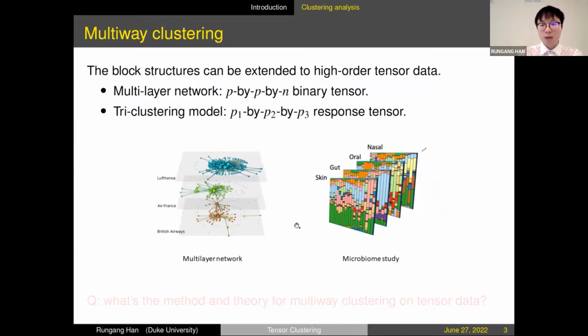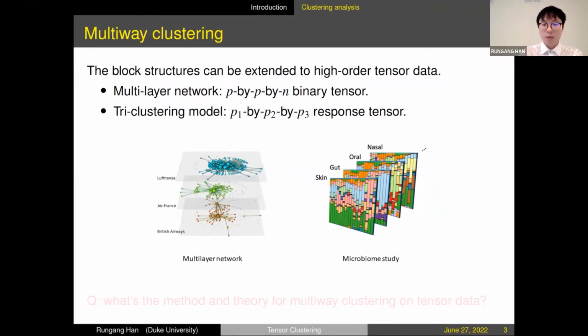Within one slice, we have many columns representing different patients or subjects with potentially different phenotypes. The color within one column represents the relative composition of different microbiome. It is interesting to explore the group or clustering structure along different directions.